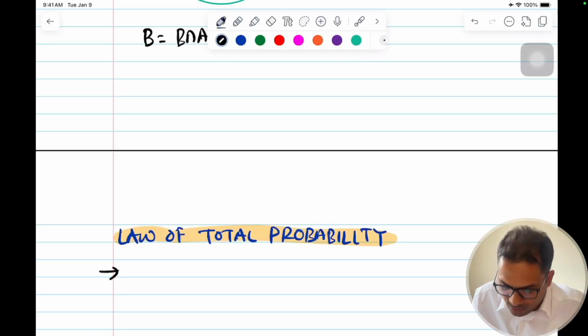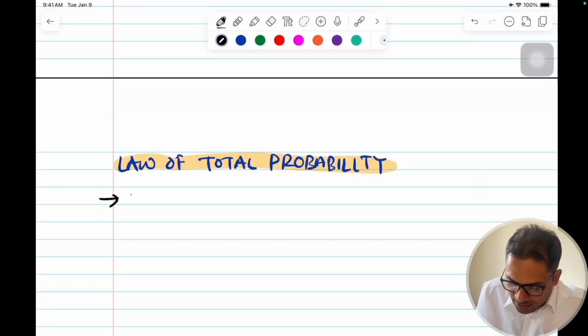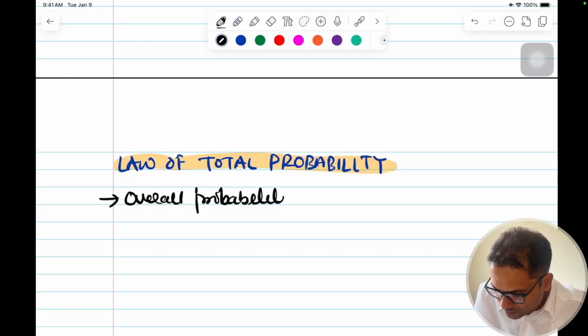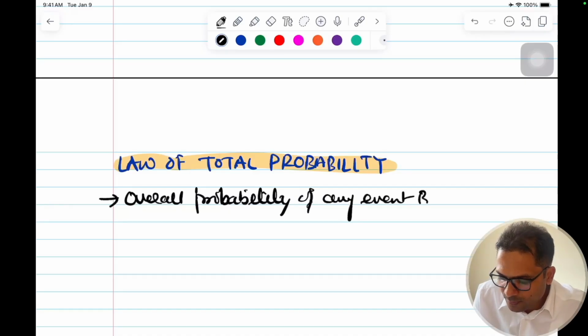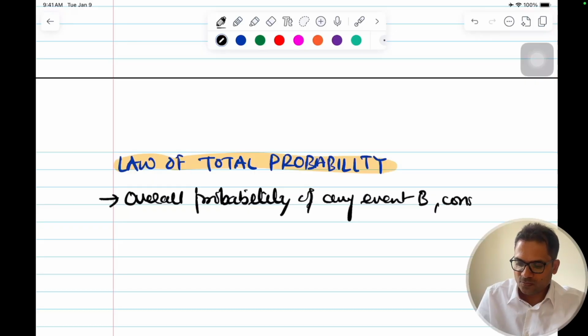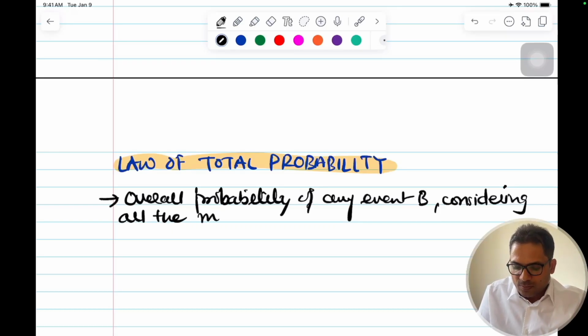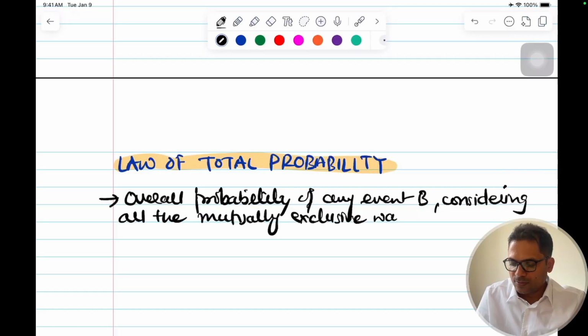So let me define it for you. How is it defined? I'll just write: overall probability of any event B is given by considering all the mutually exclusive ways it can occur.